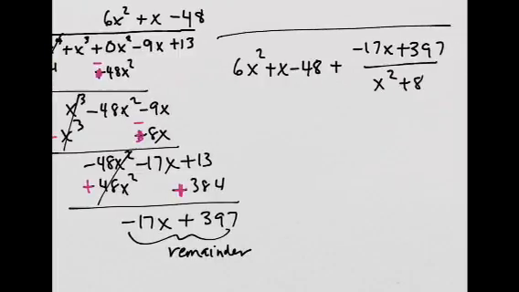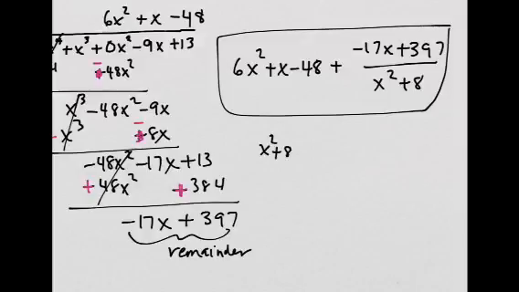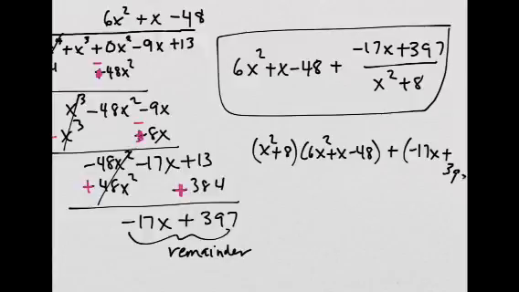So here's the answer. Okay, and then the way they want you to write it is x squared plus 8 times 6x squared plus x minus 48 plus negative 17x plus 397. Oops, ran out of room.